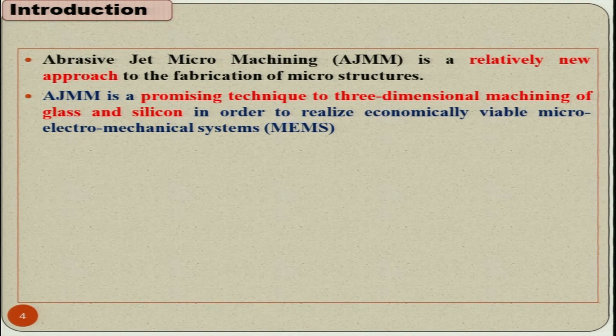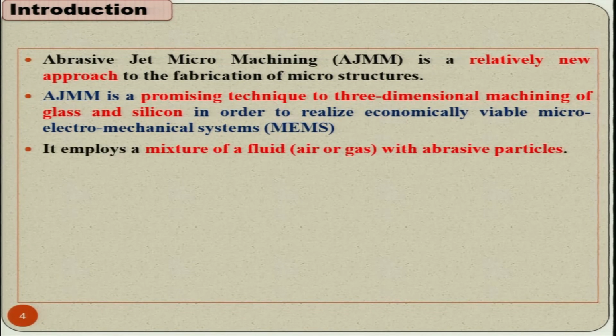I would also like to emphasize before I proceed further that in this particular process there is no constraint that the workpiece material should be electrically conducting or non-conducting, magnetic or non-magnetic, or of high thermal conductivity or low thermal conductivity.